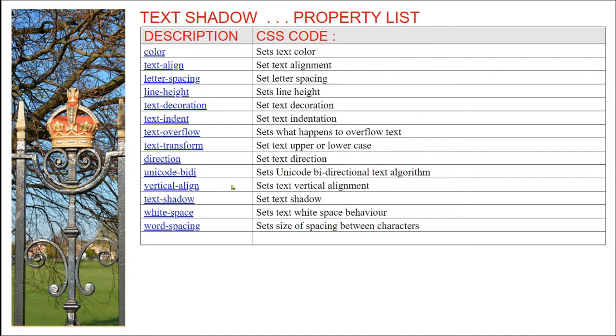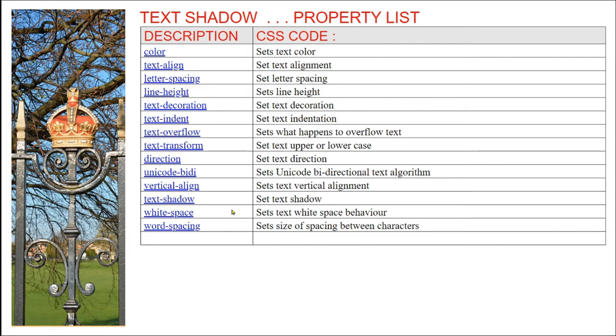Vertical alignment is aligning the text in the top, middle or bottom of the page or the container. Text shadow is applying some shadow text to your normal text. White space is setting the behavior of your text.